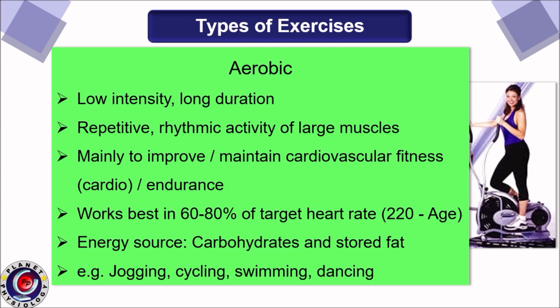Usually, aerobic exercises utilize carbohydrates as well as stored fat to generate ATP, and therefore they are also helpful in weight loss programs. A few examples of aerobic exercises include jogging, cycling, swimming, dancing. You can think of any activity that can be performed with low intensity for longer duration.